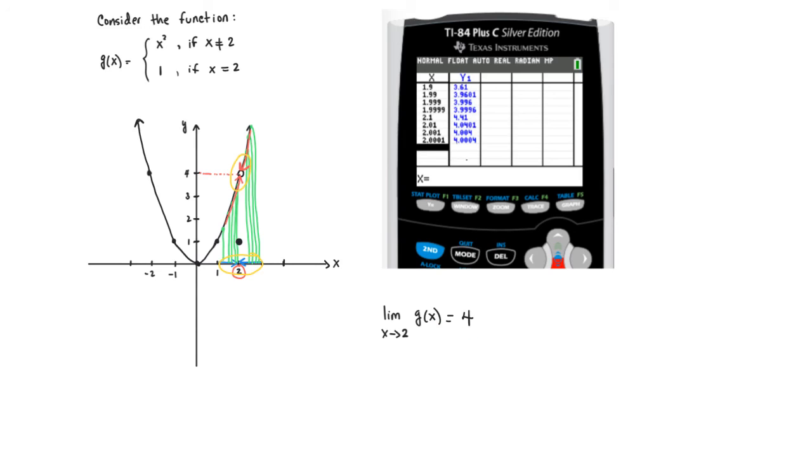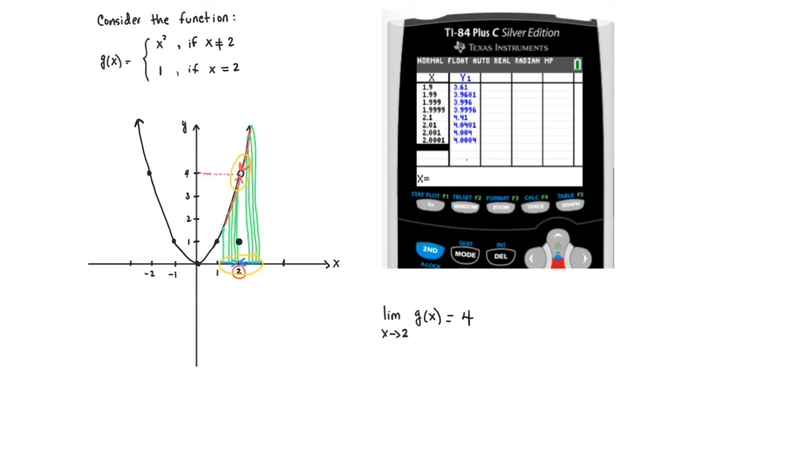And this is very striking because it shows that the limit of a function as x approaches a number doesn't have to be equal to the y value. My function can be perfectly defined at x equals 2. Like in this case, at x equals 2, the y value is 1. But the limit of the function at 2 is not equal to 1. It's actually equal to 4.